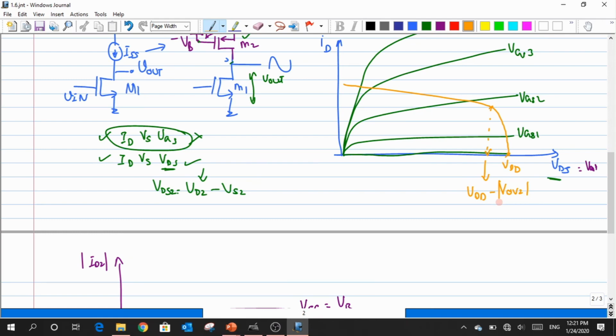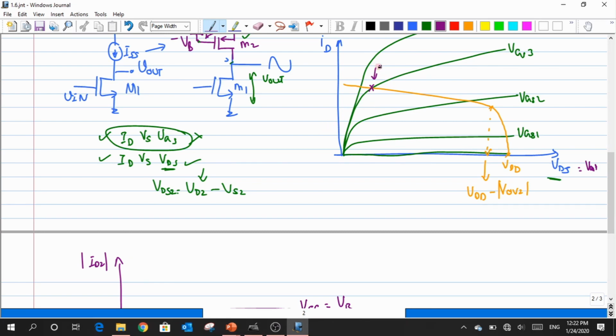So now we will look for the region of operation, and later we'll try to evaluate the VO max and VO minimum from this graph, right? So let me choose this particular point where I can see that the orange graph is intersecting with my green graph at a particular point, which is nothing but the edge of saturation of which transistor?